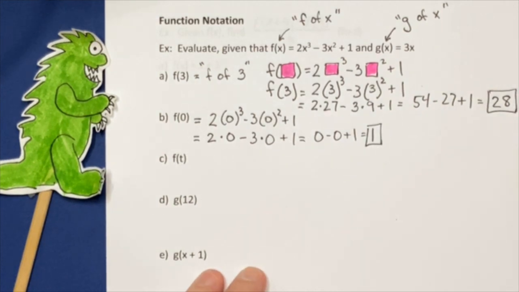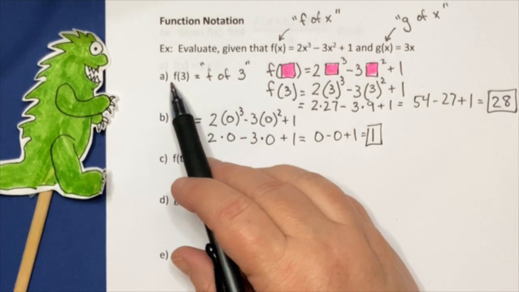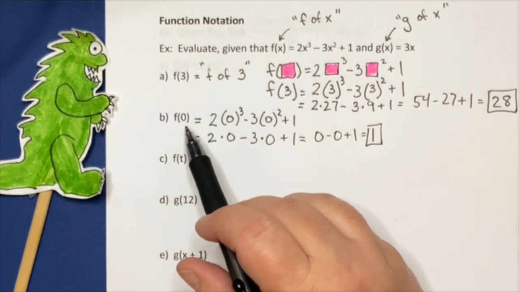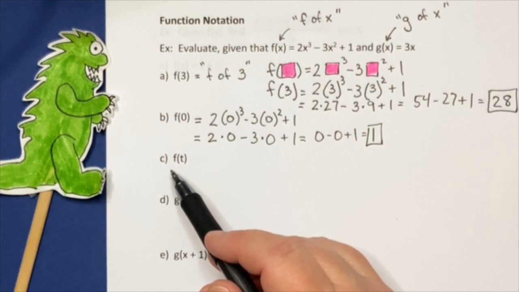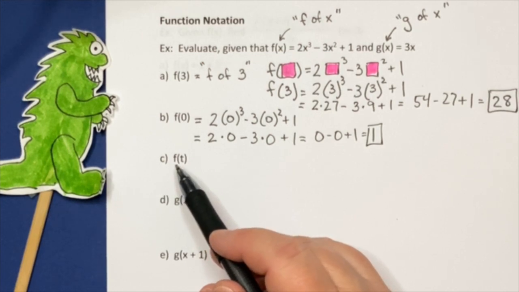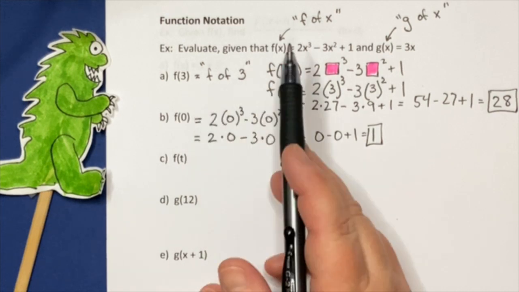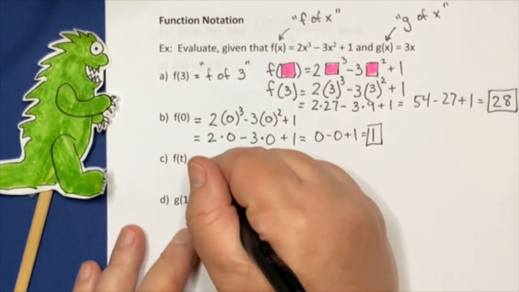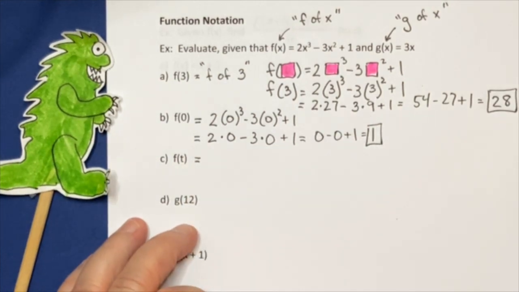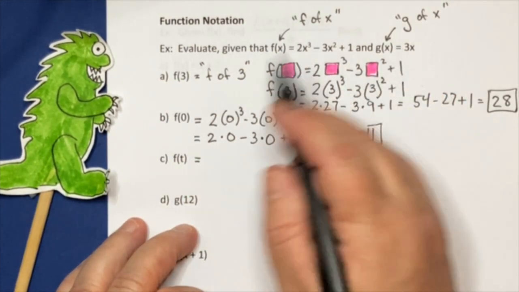So f of t is 2 times t cubed minus 3 times t squared plus 1. Wherever the pink box or the x is, I just put the t in. So 2 times t cubed minus 3 times t squared plus 1.